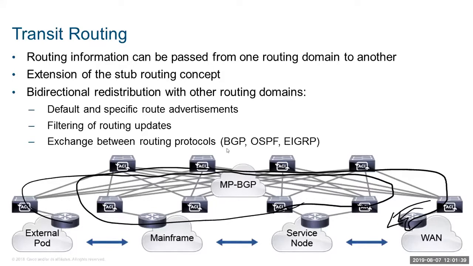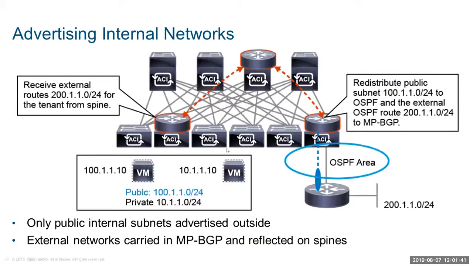Now, by default, all the networks that are defined within the bridge domains of the APIC or the tenant are not advertised externally. If you want to, you actually have to mark them. You see how this one is marked as public?